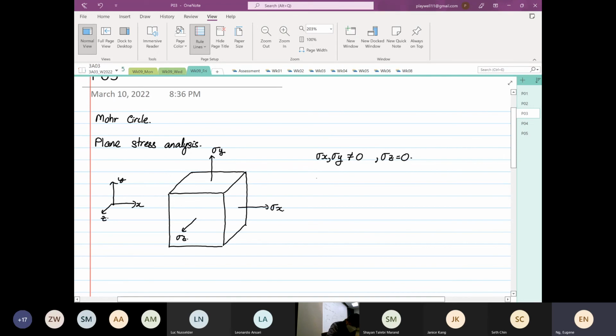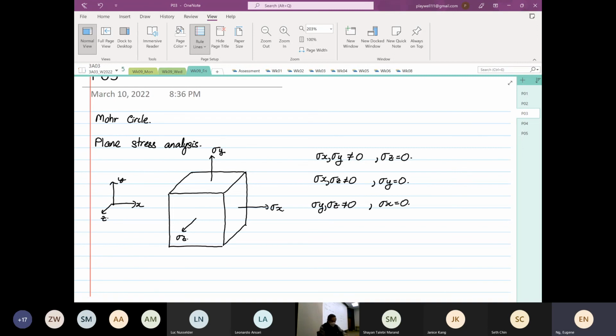Or it can be stress x and stress z not equal to 0 and stress y is equal to 0. Or it can have stress y and stress z not equal to 0, where stress x is equal to 0. So any one of these conditions is what we classify as plane stress analysis.